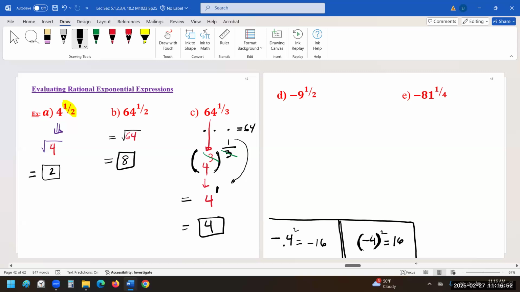Now, the same rule applies here also. If you don't have a parenthesis in the base, that means that negative is just a multiplication. So this is same as negative times square root of 9. So we have negative, what is square root of 9? 3.